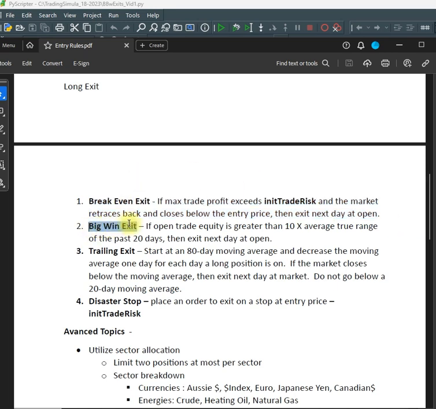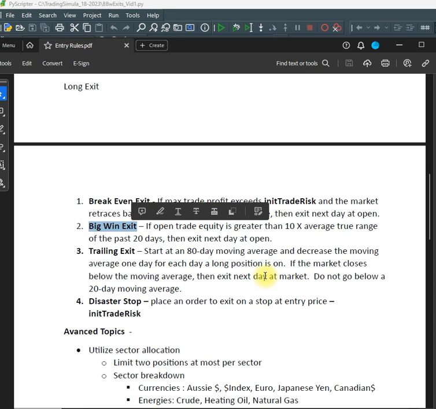We're going to have a big win exit. If open trade equity is greater than 10 times the average true range of the past 20 days, then we want to exit at the next day's open. And that's good because it's not a pure dollar profit objective. It's based off the current market condition, which is the average true range.